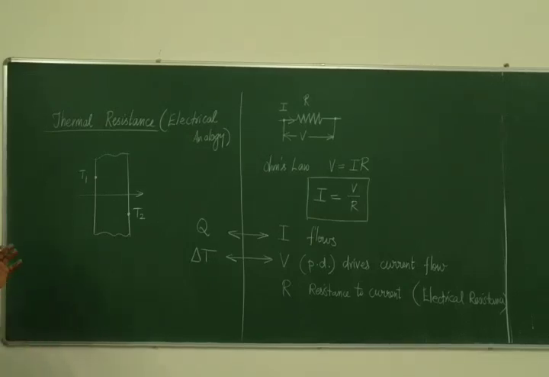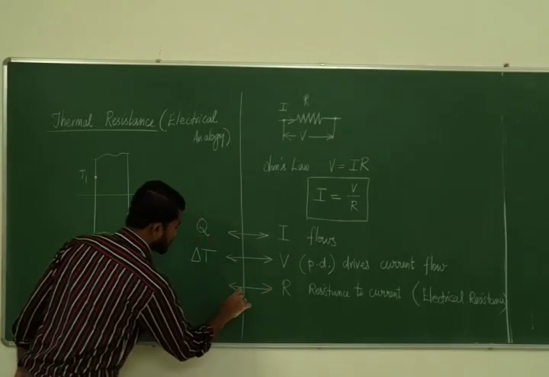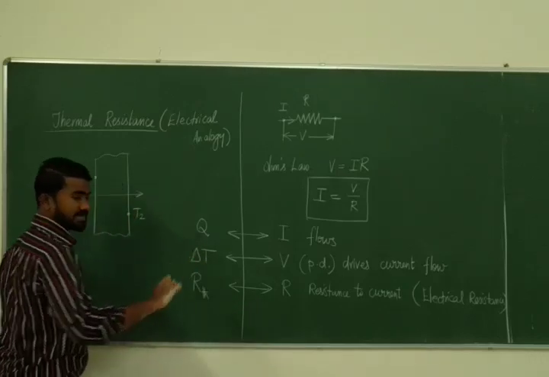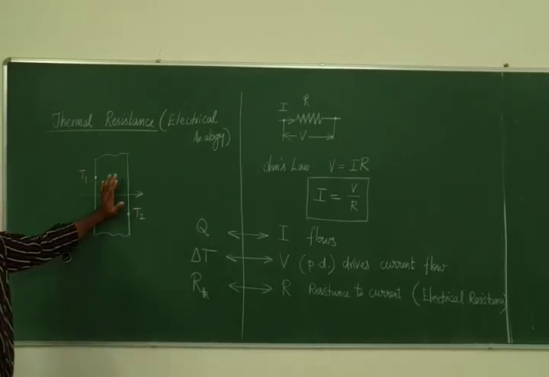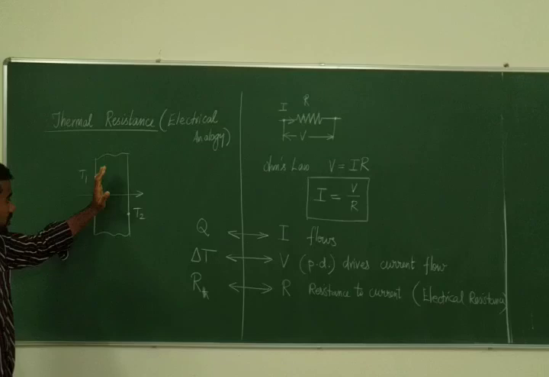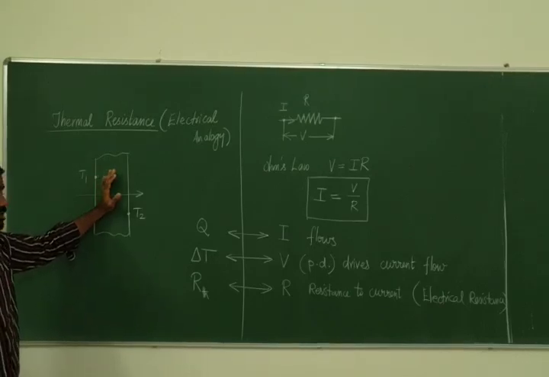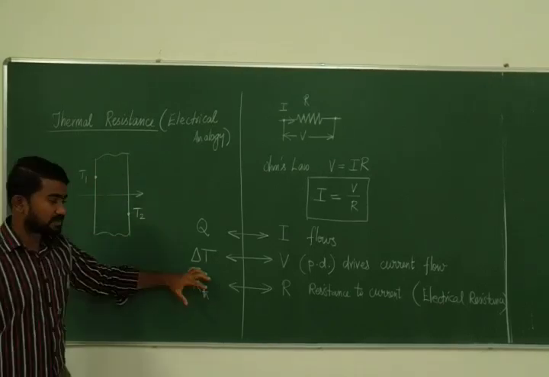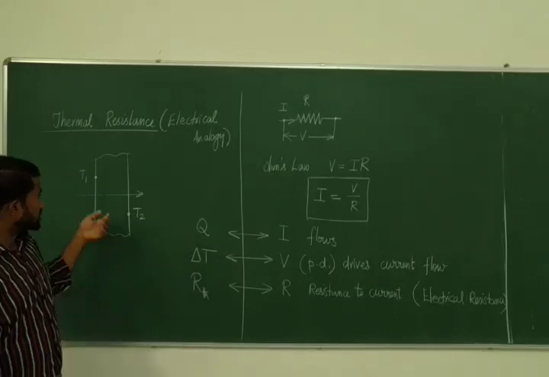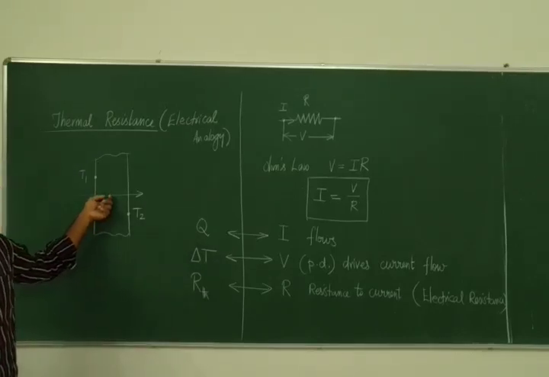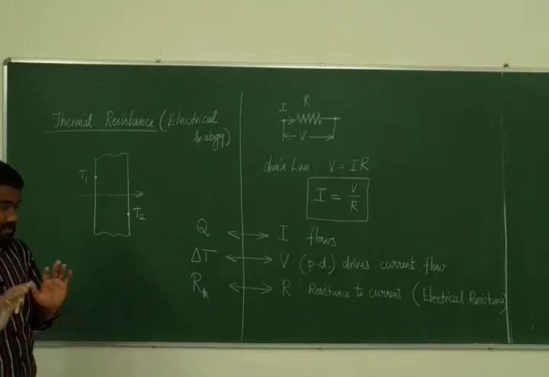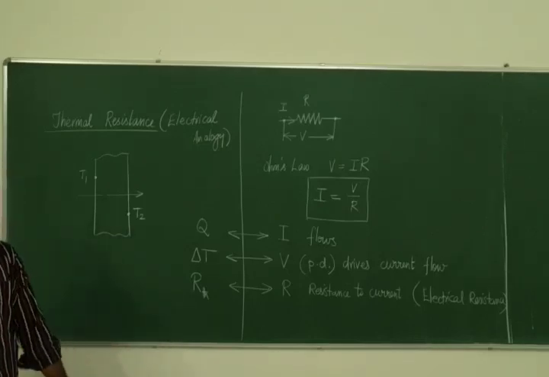So here you have the thermal resistance, which is called R thermal. That's the nature of the material of the wall. If the material is a good conductor, for example a metal, then the thermal resistance will be low. If it is an insulator, like plastic or wood, then the thermal resistance will be high because it doesn't allow heat to flow easily.